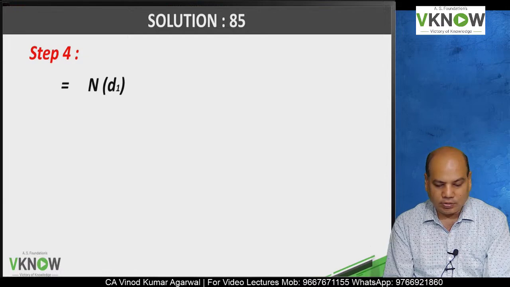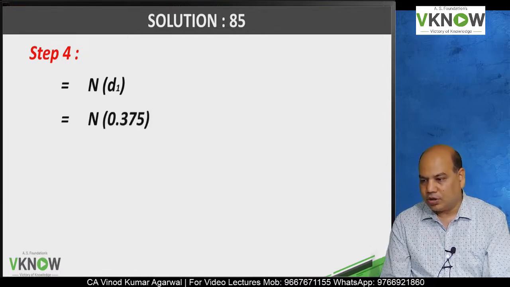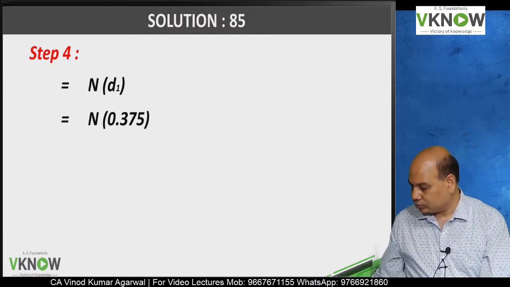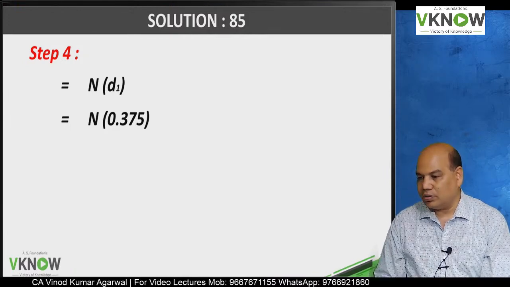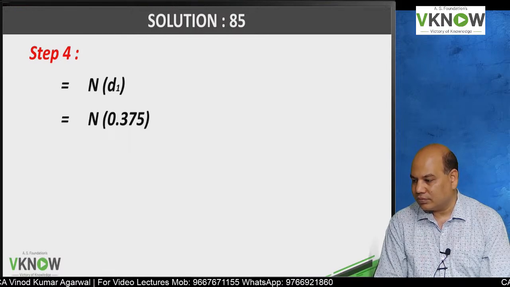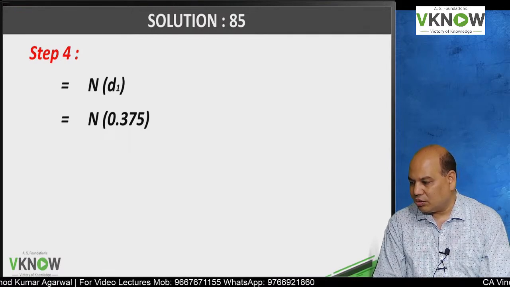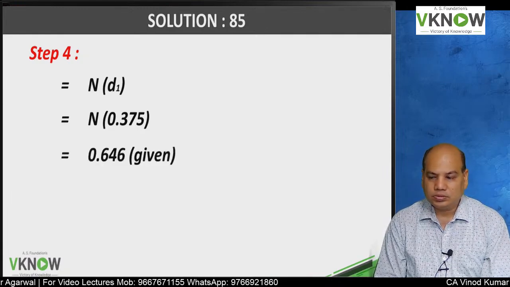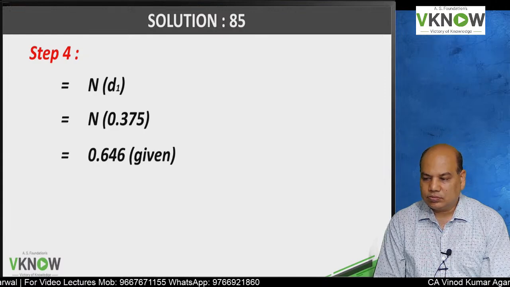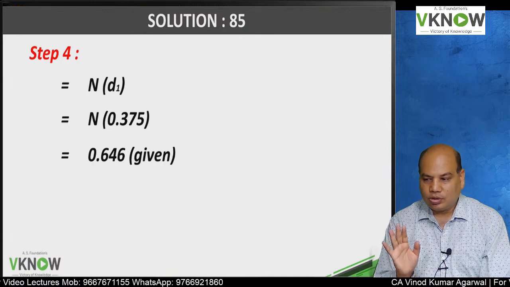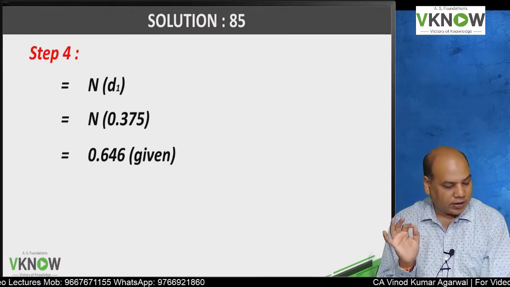So please write down step number 4, ND1, n into bracket 0.375, which is 0.646 given, no need to calculate, no need to refer table, same figure.